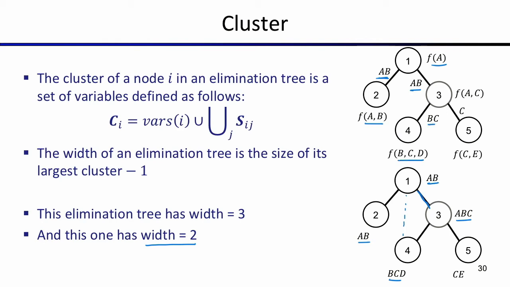We have ABC here and BC here, so it's going to be the union between these 2 sets, BCD, that's correct. And here we have CE with C, the union is going to be CE. And here we have AC with union BC and C, so it's going to be ABC. So that is correct. So the width is 1 less compared with the previous elimination tree.